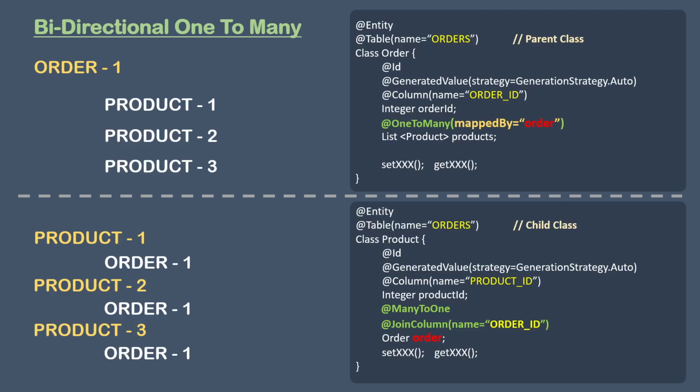In mappedBy, we need to add the object reference of the parent class, which is added in the child class. So order, which is added as a single object reference in the child class, which is product, that object reference must match with the mappedBy property. That's it. Let's see the example and understand a bit more.